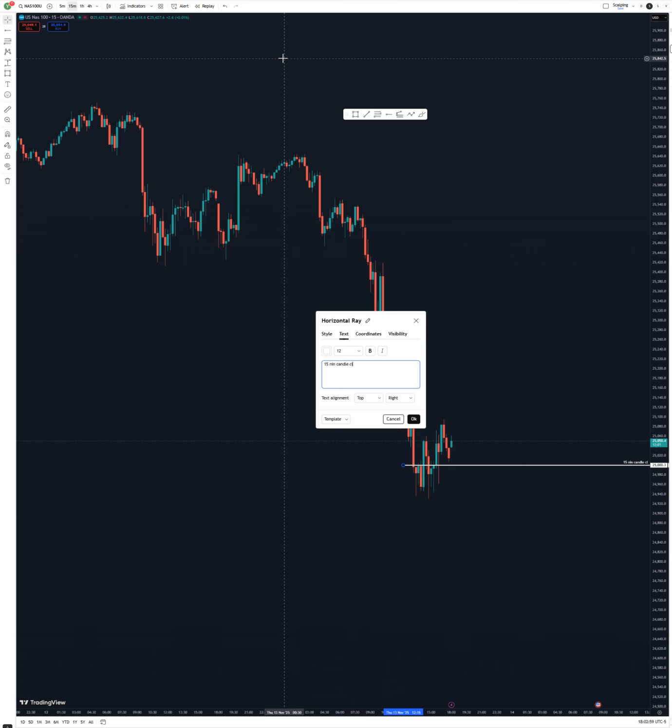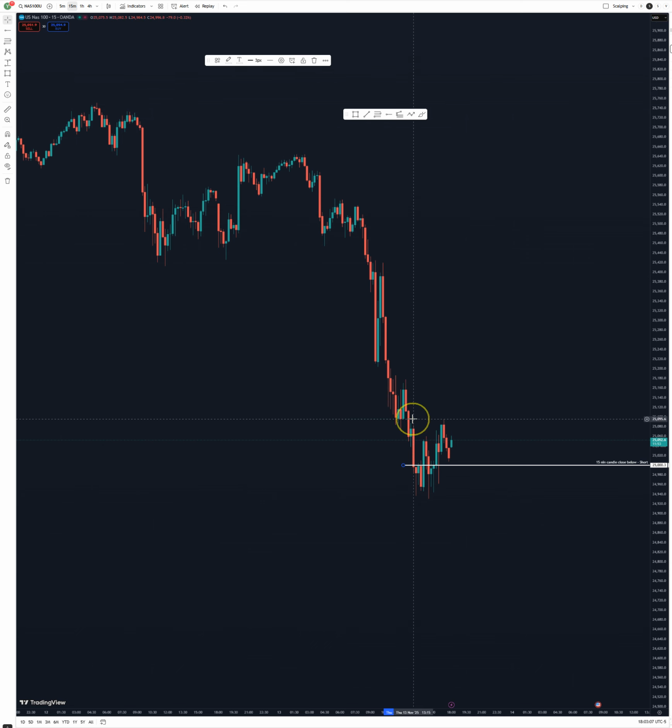If a 15-minute candle closes below, you want to go short. You want to short the market there.